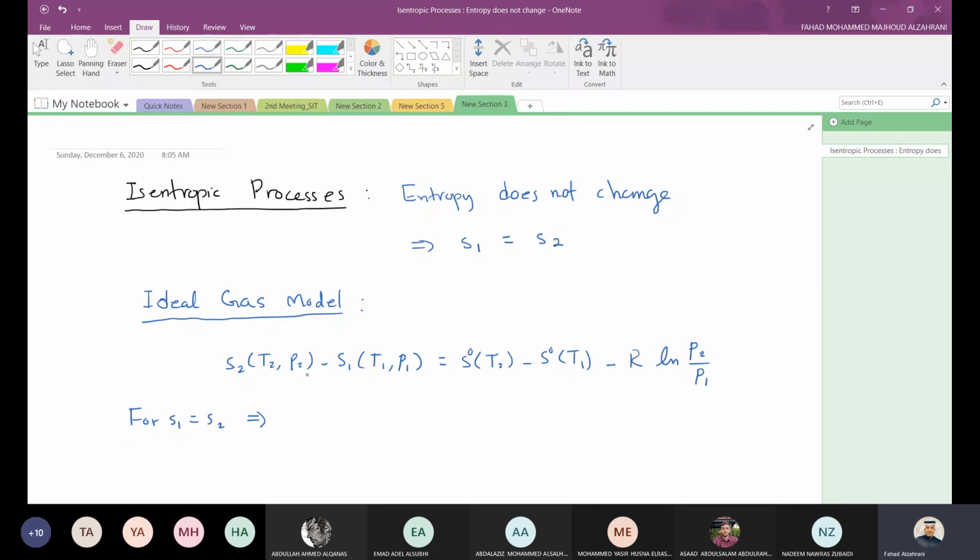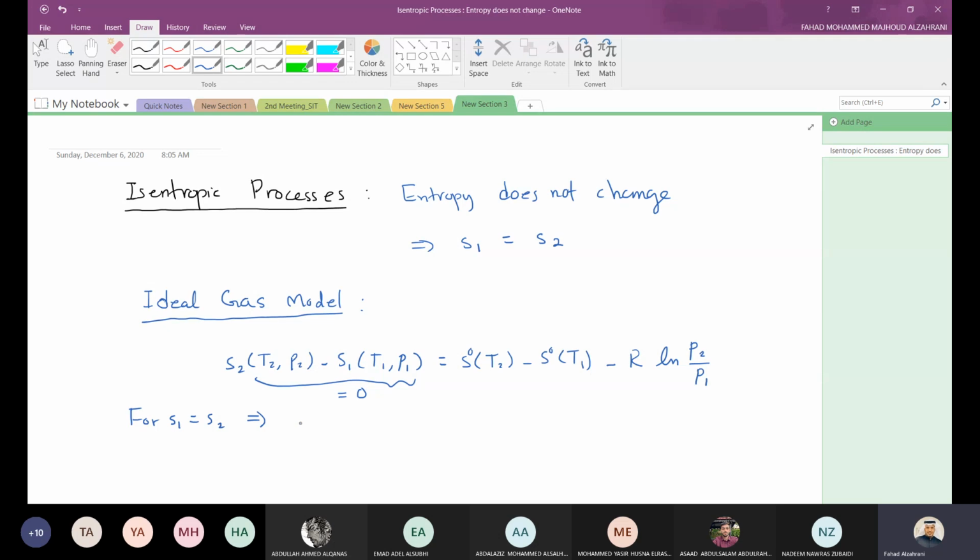If S1 equals S2, then S2 minus S1 is 0, so this term is zero. Do you hear me? Yes. So the whole term equals 0.